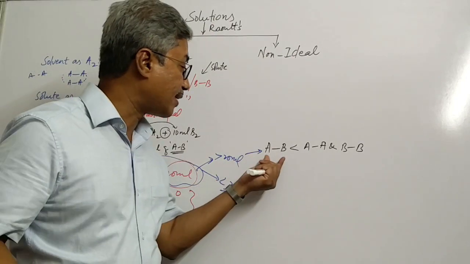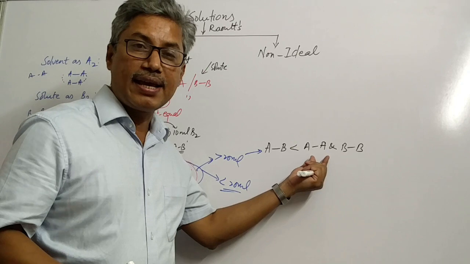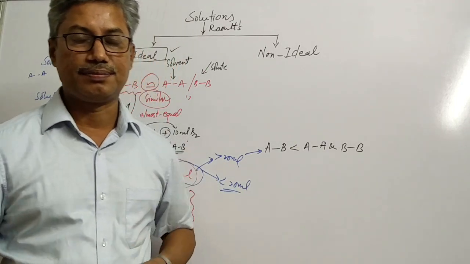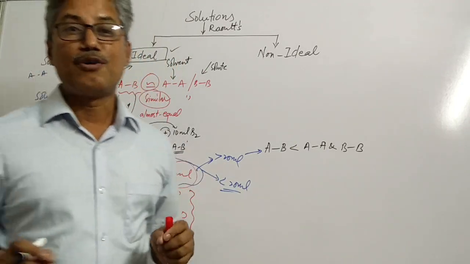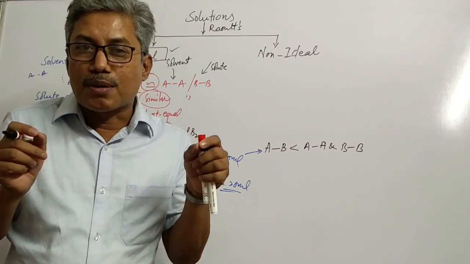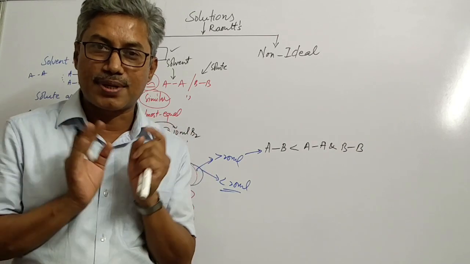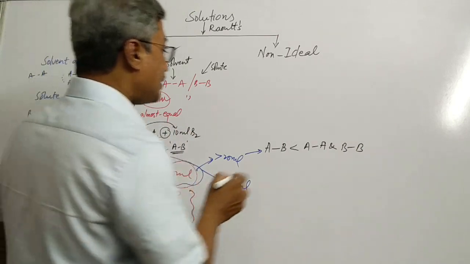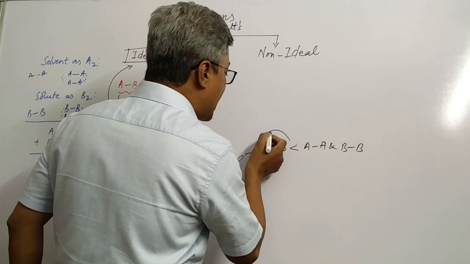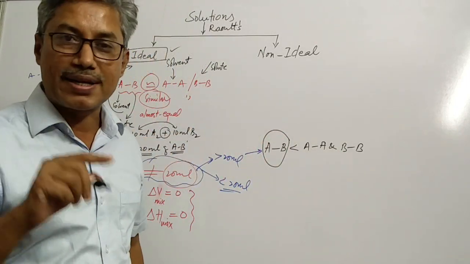Clear, students? Now we know that weaker bonds are longer bonds, stronger bonds are shorter bonds. And if that is the case, this will be occupying more than the volume of these two liquids.